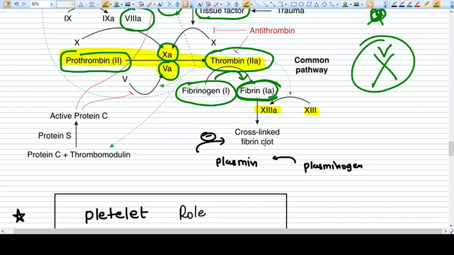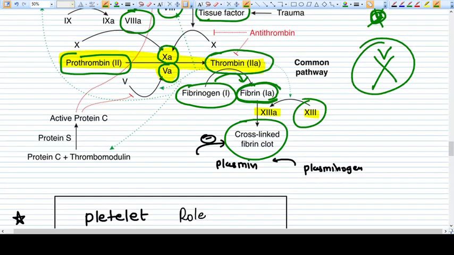Now this fibrin needs to be stable. So factor 13, the fibrin stabilizing factor, will now come into action and stabilize the fibrin. Okay, now this cross-linked fibrin clot is very necessary for platelets to clog them and make a stable clot.